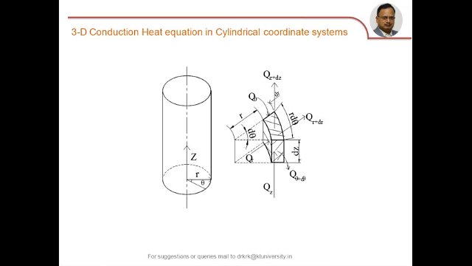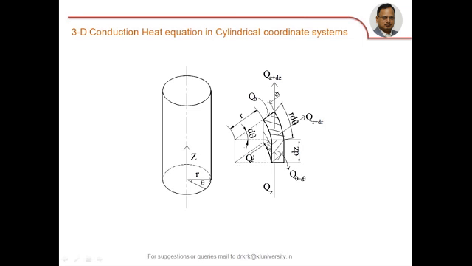Now like in Cartesian system, here also we will consider the heat transfer in all the possible three directions, three-dimensional. Let heat entering in the radial direction is q r. Please look at this arrow.